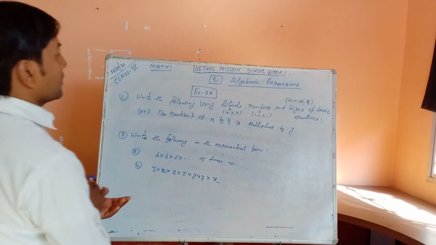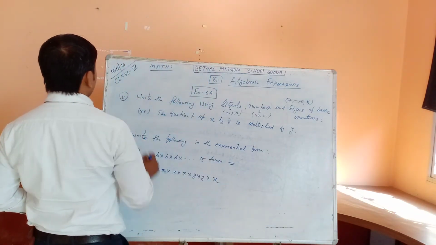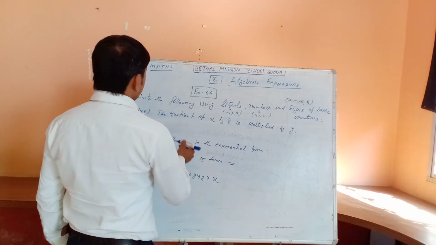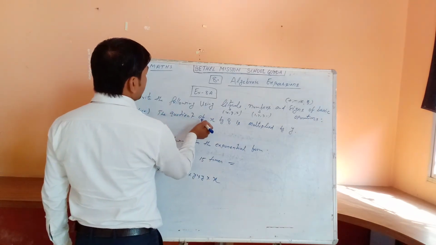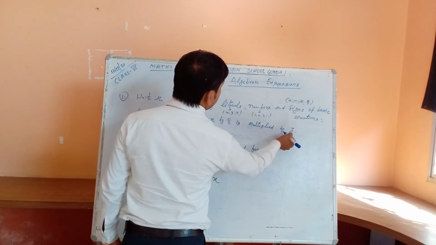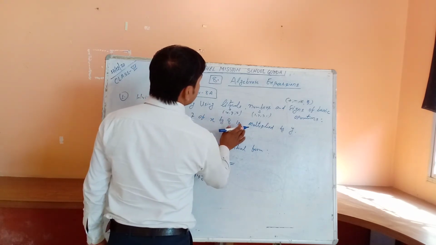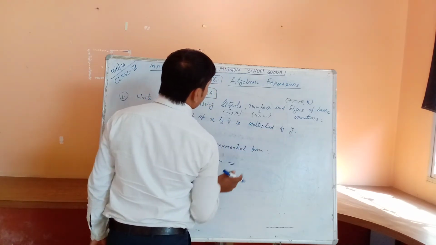Now I have taken some more examples. The first question: the quotient of x by 8 is multiplied by y.